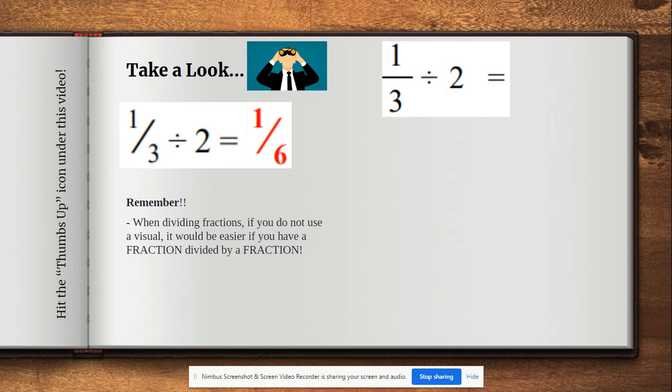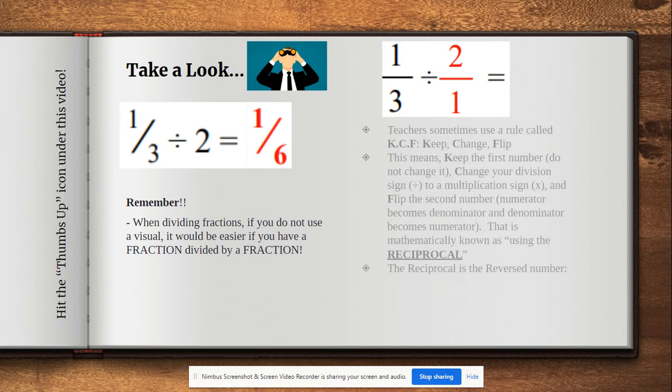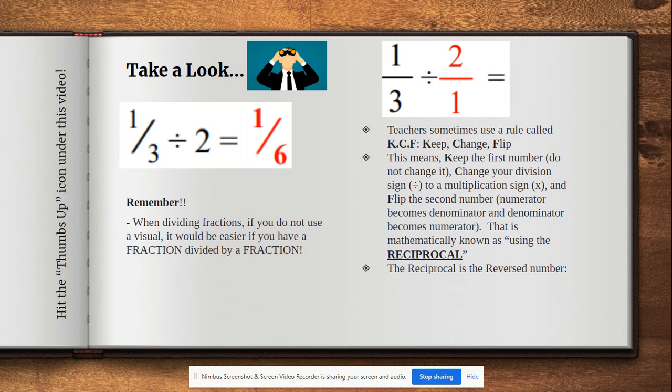So 1/3 divided by 2, we're going to keep, change, flip. So we're going to keep the first number, change our sign, and we're going to flip the 2, which is 2 over 1. So remember what I said, keep, change, flip, right? So we've got to find the reciprocal. So 1/3 divided by 2 over 1. 1/3 stays, change your sign, and the 2 over 1 becomes 1 over 2.